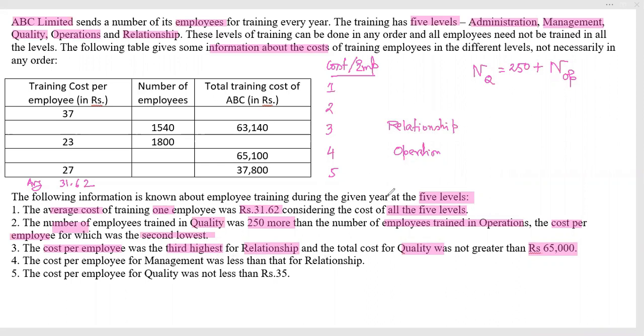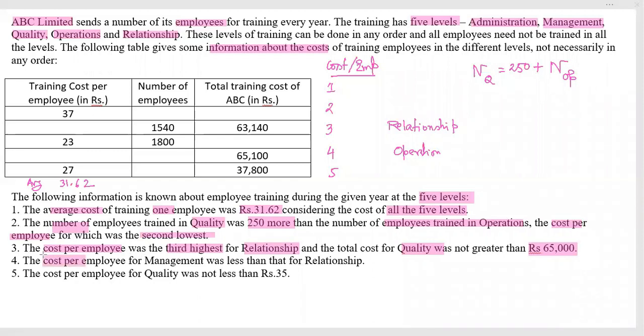And the total cost for quality, we don't know where, but total cost for quality was not greater than 65,000.